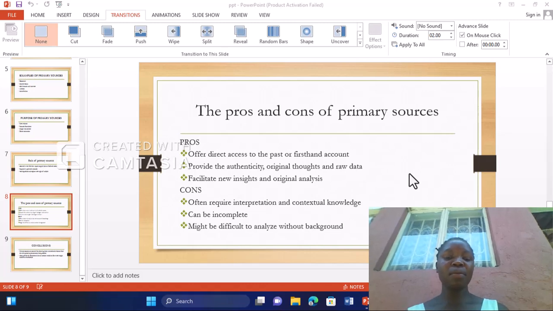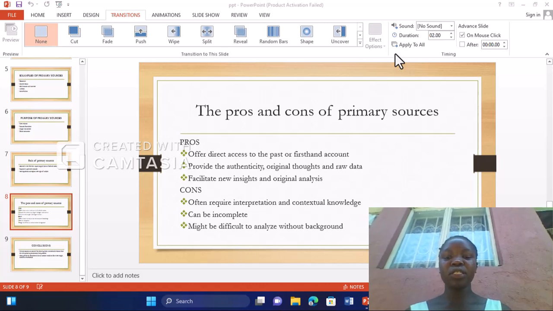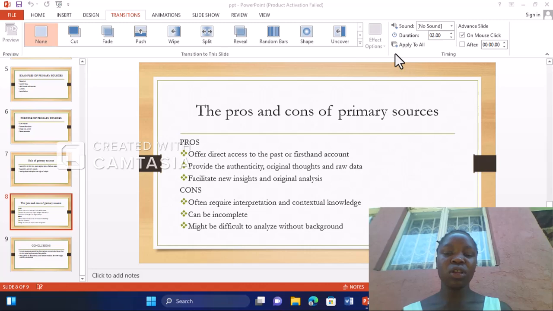Then the cons are basically the disadvantages. Primary sources often require interpretation and contextual knowledge. For example, if the person left after giving the information and we don't have clear information about the source, it needs interpretation again for us to understand what basically happened.